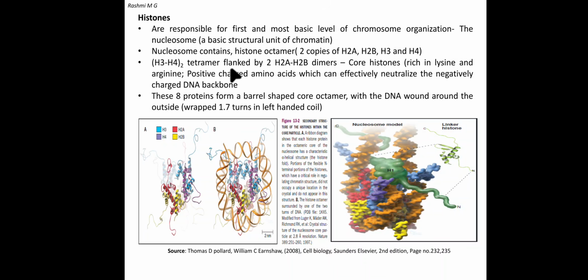The H3, H4 tetramer is flanked by two H2A, H2B dimers, which are the core histones. They are rich in lysine and arginine, positively charged amino acids which can effectively neutralize the negatively charged DNA backbone. These 8 proteins form a barrel-shaped core octamer with the DNA wound around the outside.